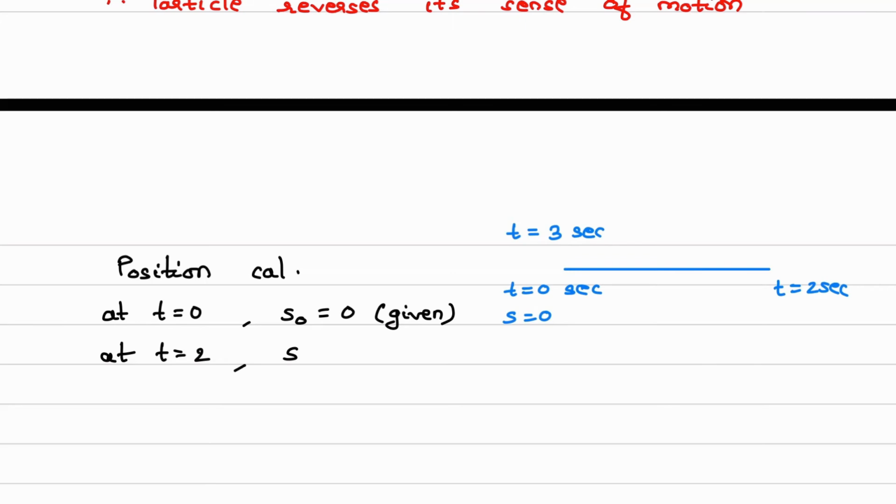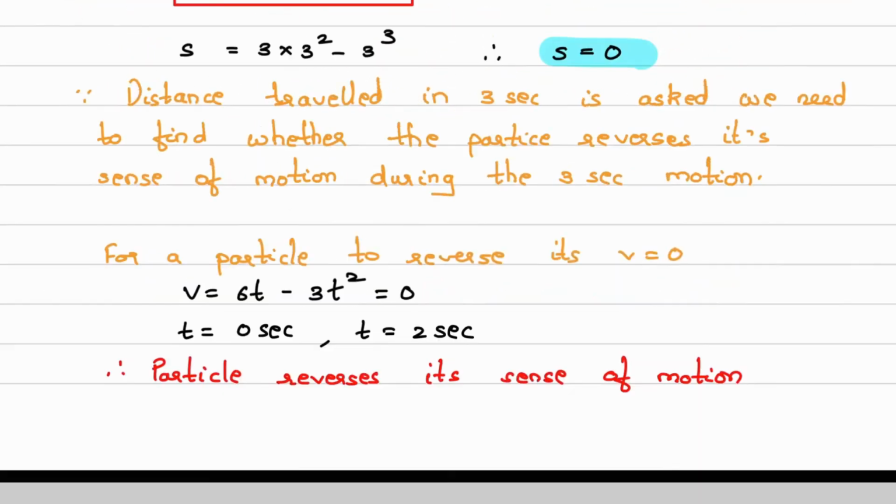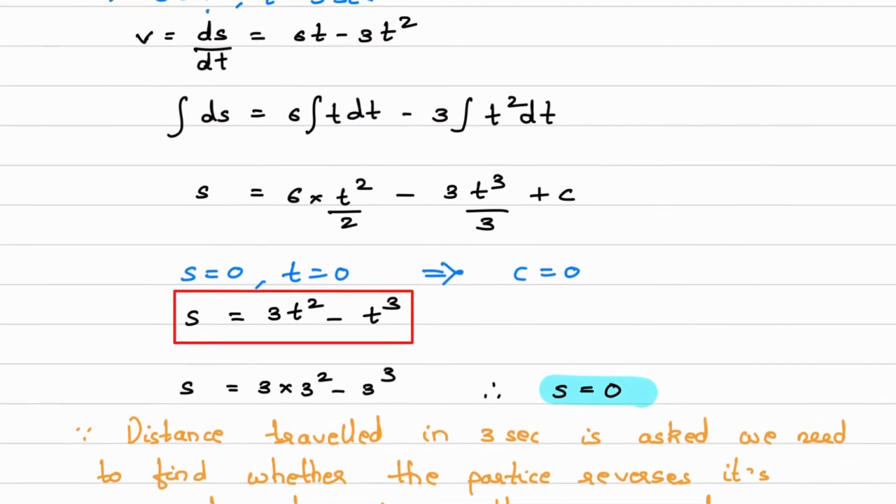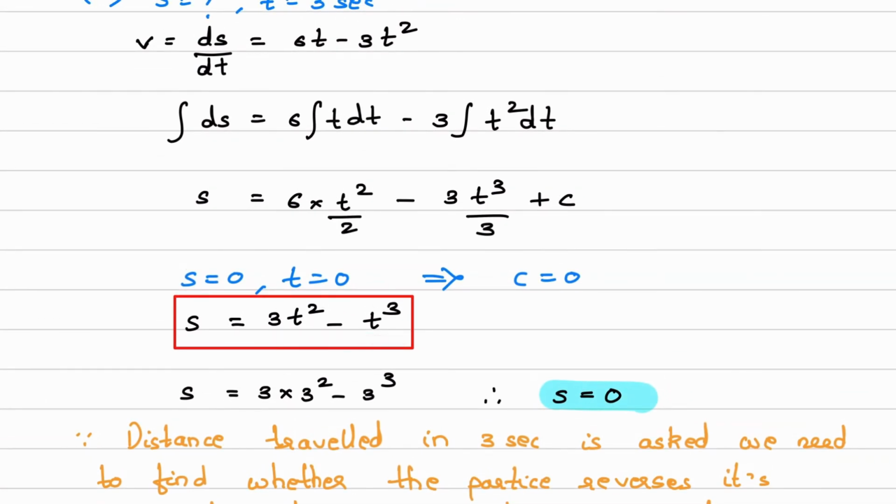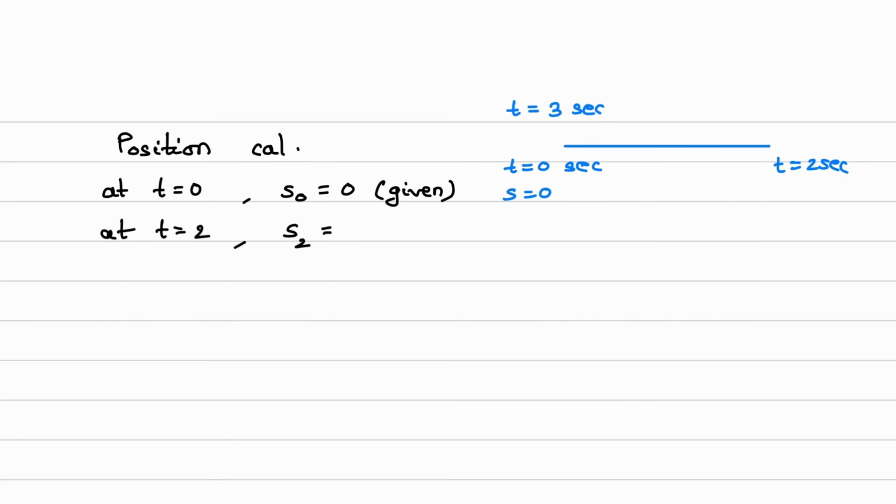What is the equation of s? S is 3t square minus t cube. So 3 into 2 square minus 2 cube. From here we will get s2 equal to 4 meter. So this we can mark on the diagram now. This is 4 meter.